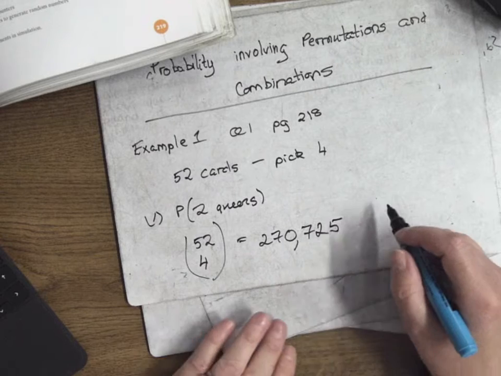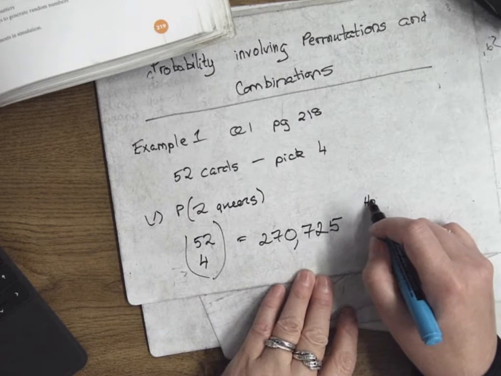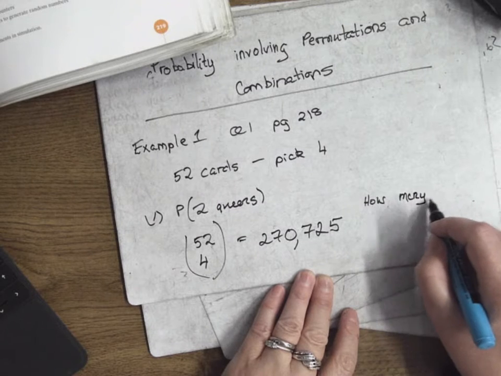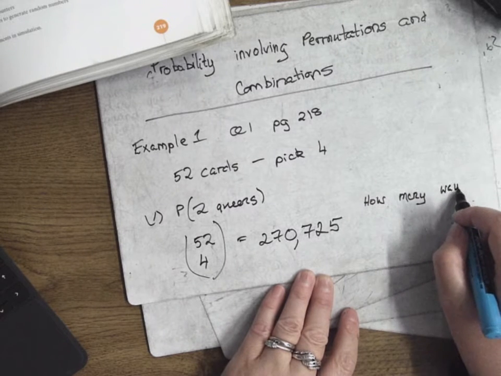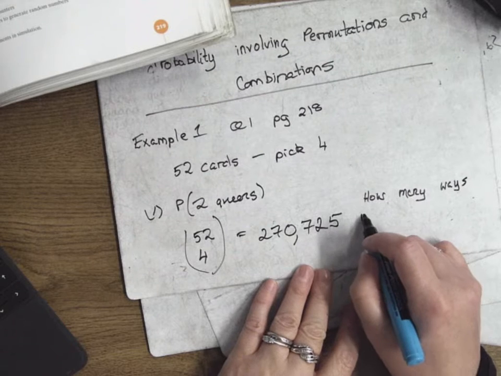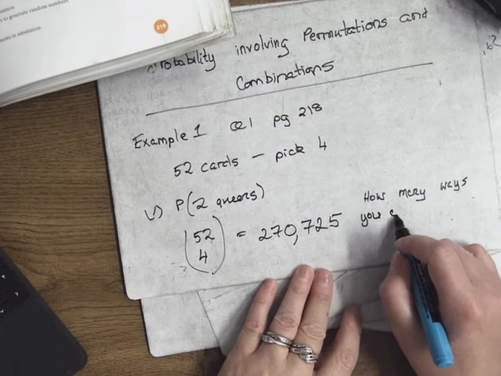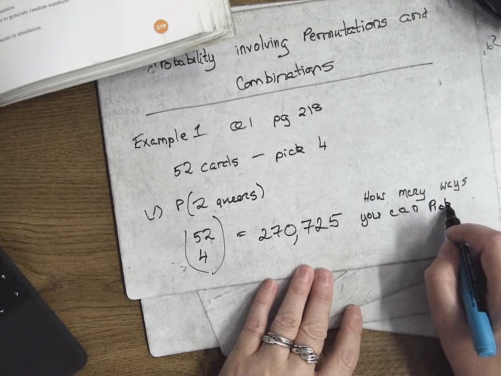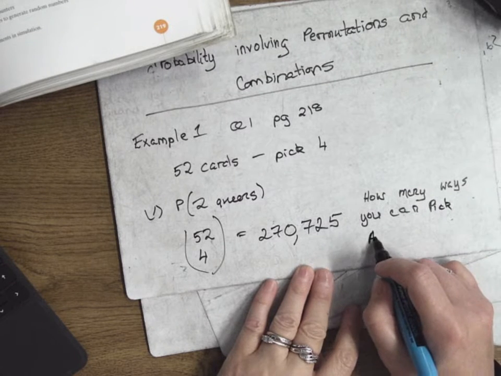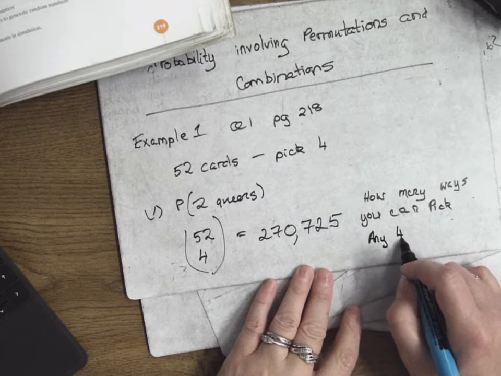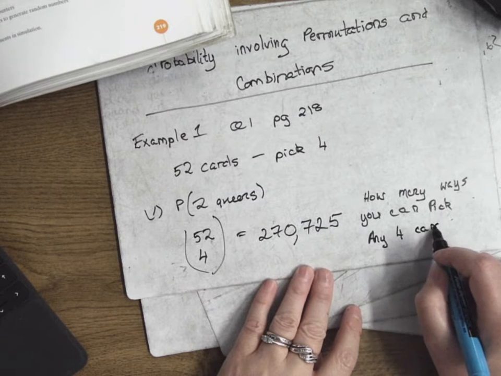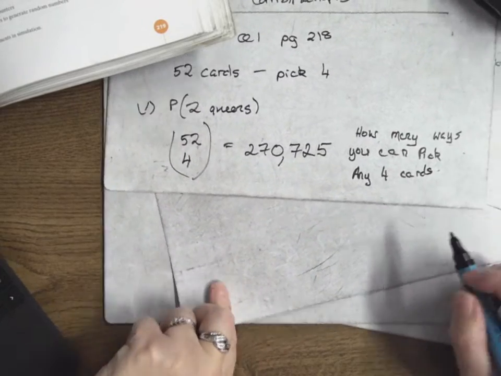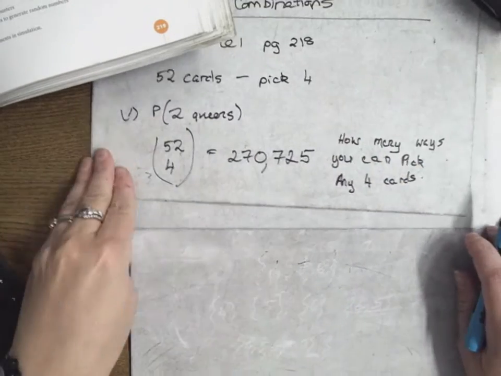So that's how many ways you can pick any 4 cards, not necessarily queens.